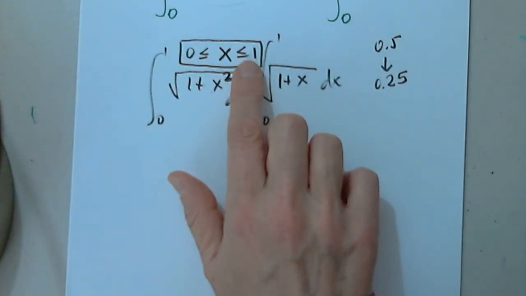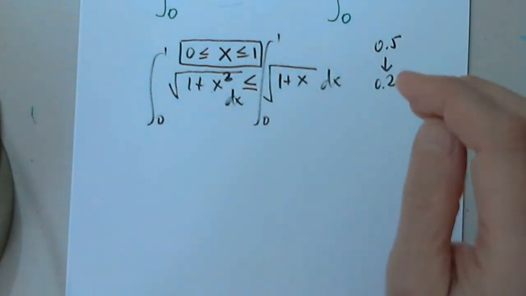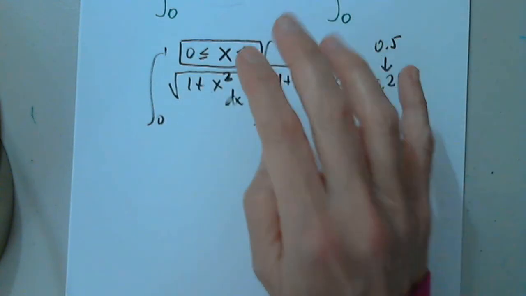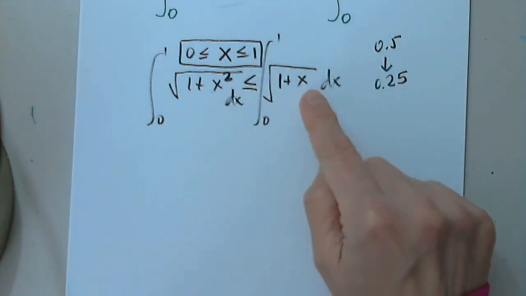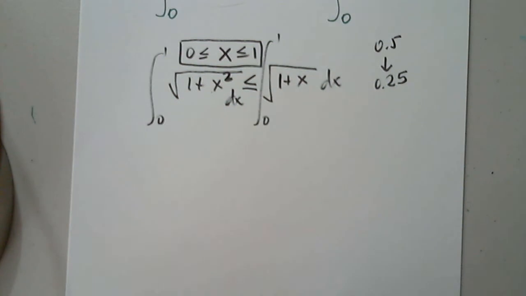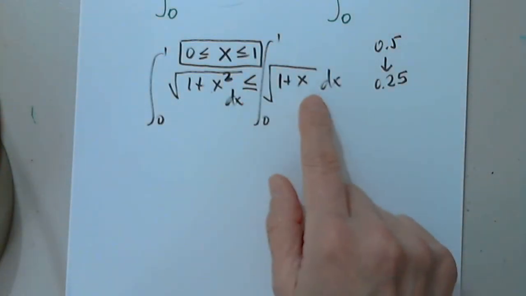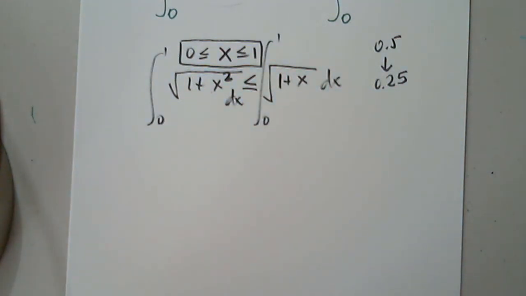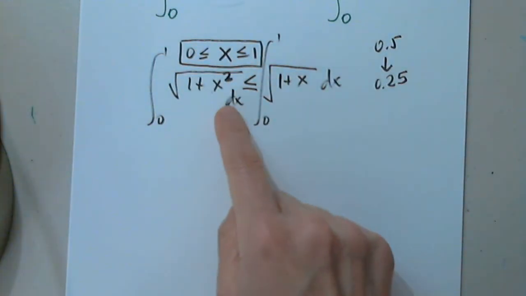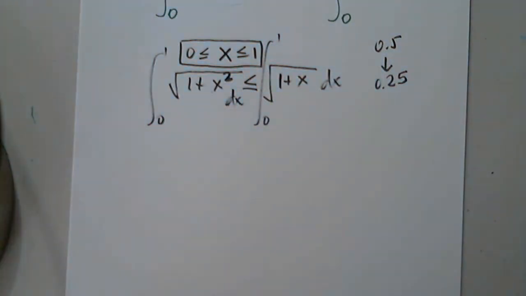That was our base of discussion. Only for numbers between 0 and 1, x squared is smaller than x. And therefore, 1 plus x squared is smaller than 1 plus x. Therefore, the square root of 1 plus x squared is smaller than the square root of 1 plus x, and then the integral follows from the property.